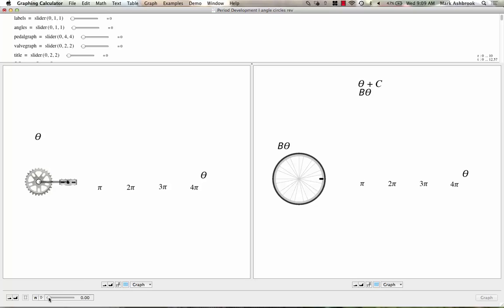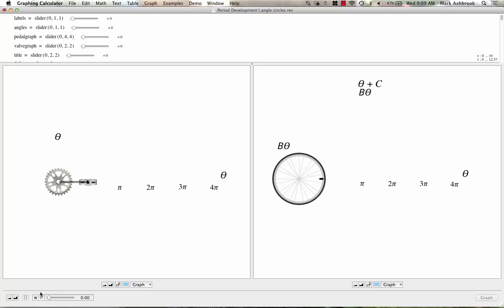Yep, it should be at the top. Okay, so the tire valve angle is half as much, so it's rotating half as fast.